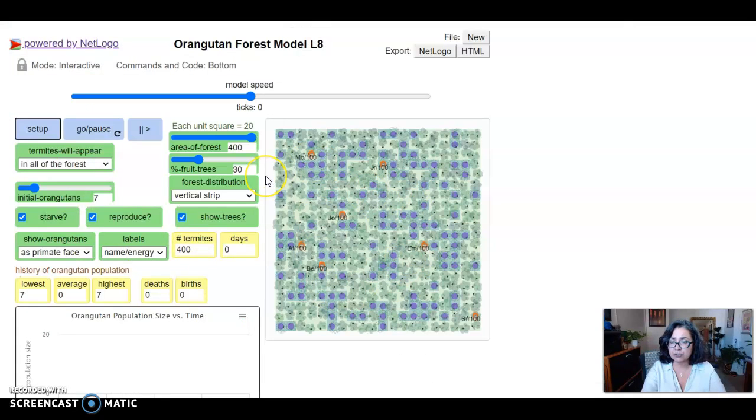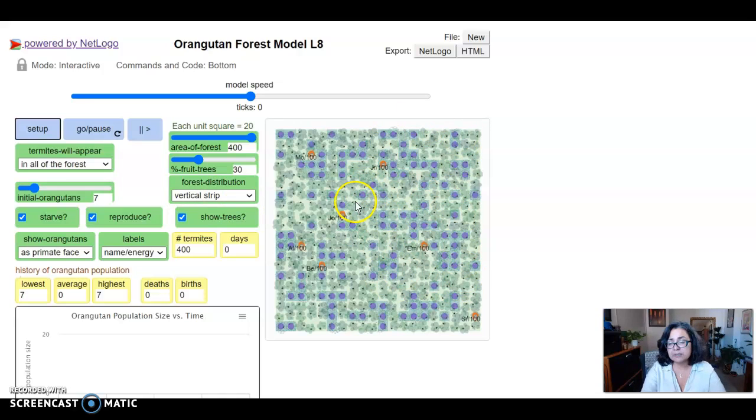So if you look at your simulation, make sure that you have selected in all of the forest for termites will appear. Area of forest, make sure you put 400 for your first simulation. And then make sure 30% for the fruit trees. Make sure you select vertical strip so that it looks like this.